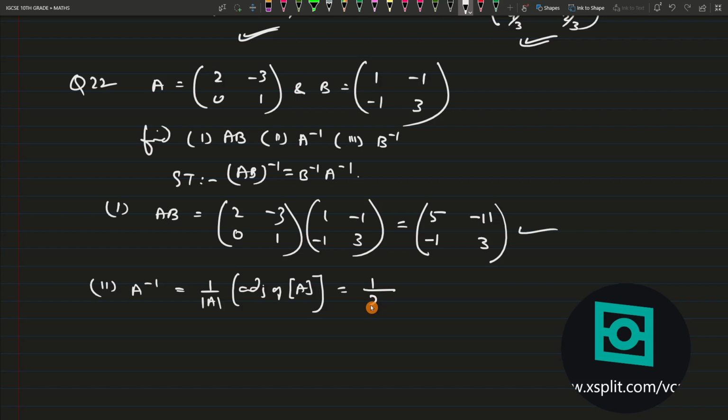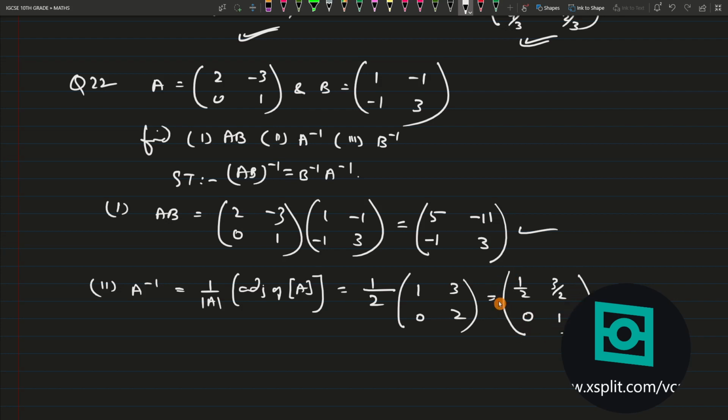So 2 minus 0 is 2. And adjoint of this will be 1 and 2. And minus 3 will become 3. And this will remain 0. Okay. So this happens to be A inverse. This can be written as 1 by 2, 3 by 2, 0, and 1. Right?